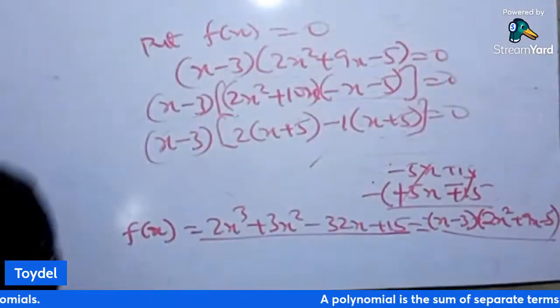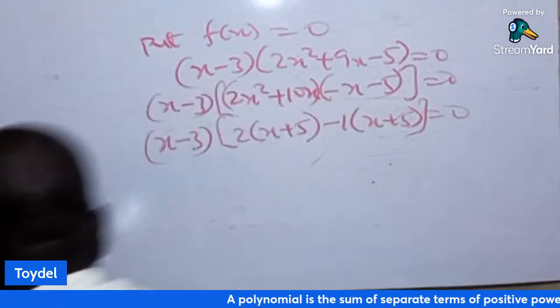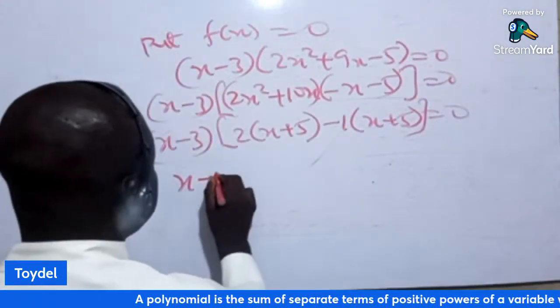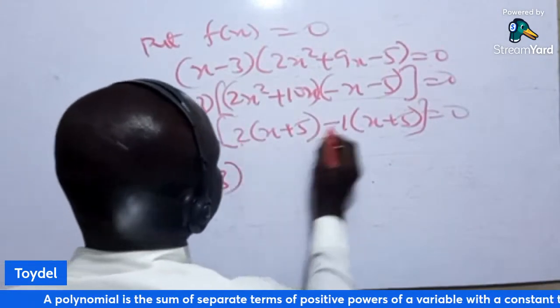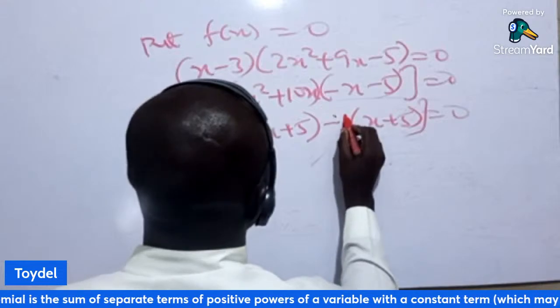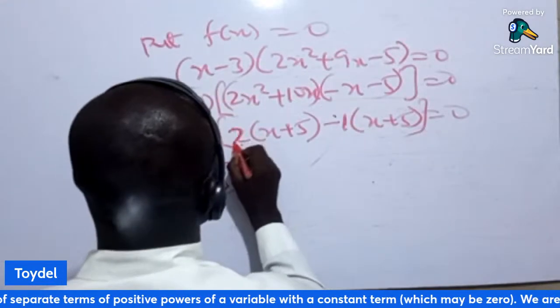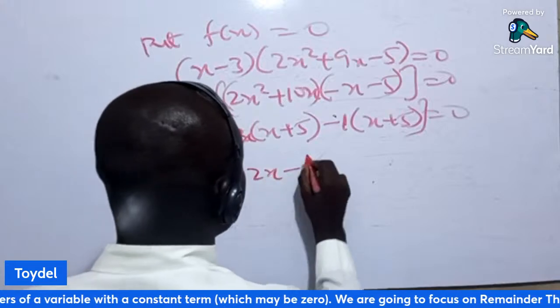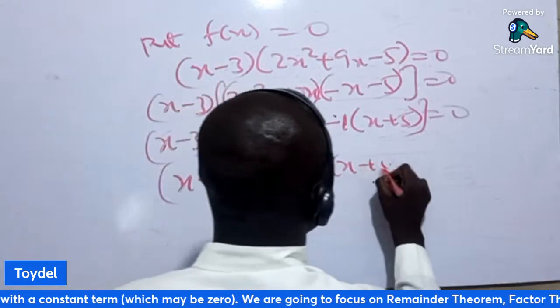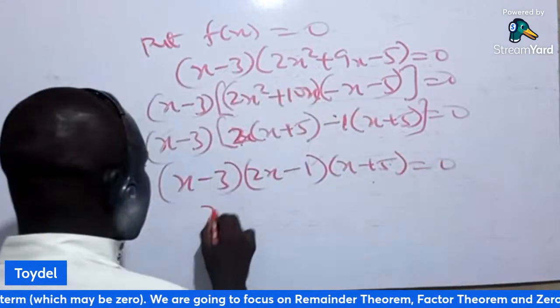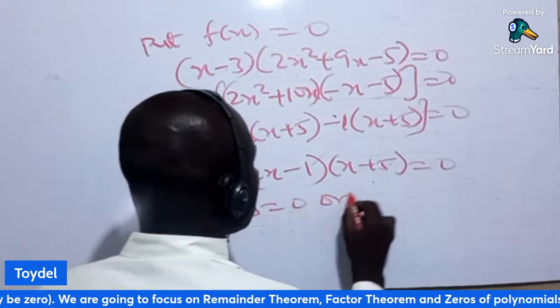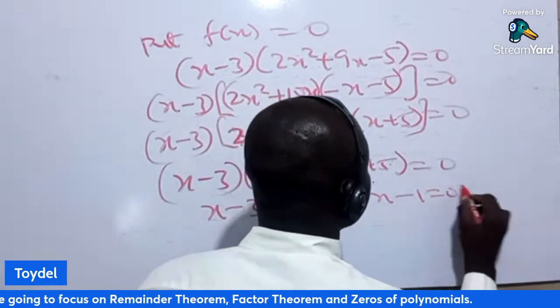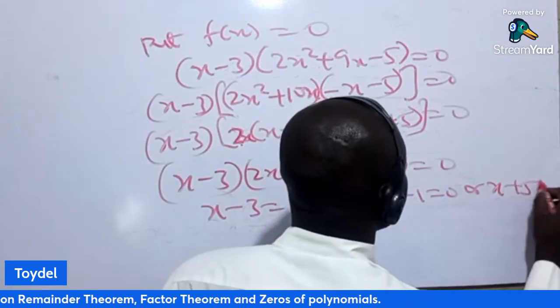So from there now, I'm going to have x minus 3, which is a factor. I'll combine these two. What is common here is x plus 5. So I will now combine these two. I will say 2x minus 1, then x plus 5 equal to 0. Here, x minus 3 equals 0, or 2x minus 1 equals 0, or x plus 5 equals 0.